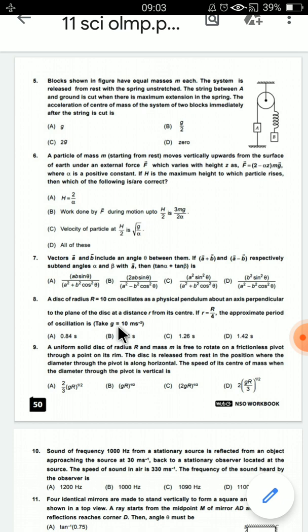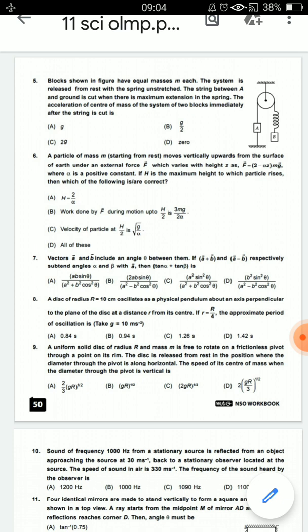How does it come, students? We take that the physical pendulum has a time period T. The formula of the time period is 2 pi root I by mgh, where m is the mass, g is acceleration due to gravity and h is the distance, and I is the moment of inertia of the pendulum about an axis through the pivot, with the center of mass at distance h.